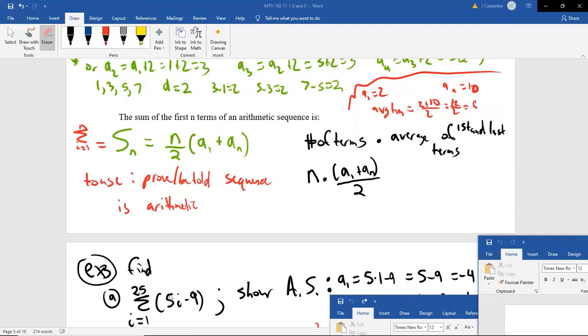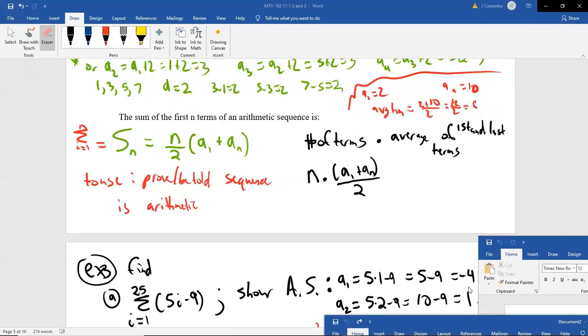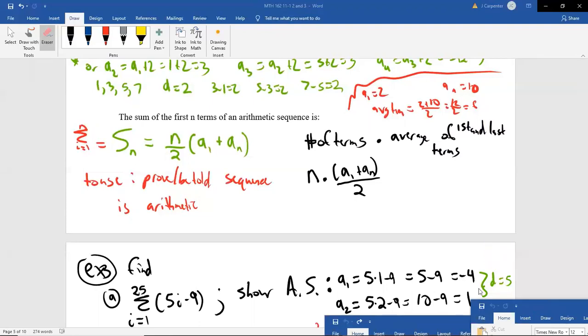The second term would be 5 times 2 minus 9. See, this right here is not recursive. We're just plugging in an i, not an a sub i minus 1. So the second one is 5 times 2 minus 9, which is 10 minus 9, which is 1. Now going from negative 4 to 1, we've added 5. The d between these two is 5.